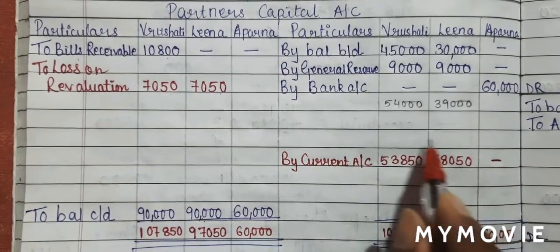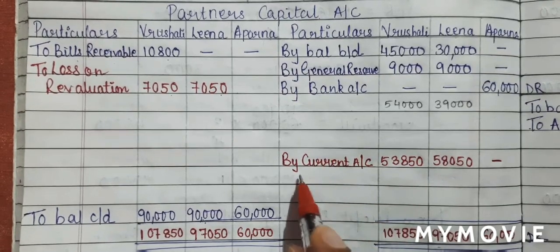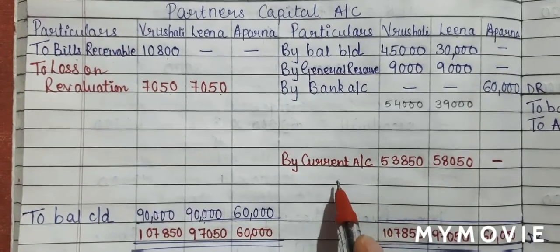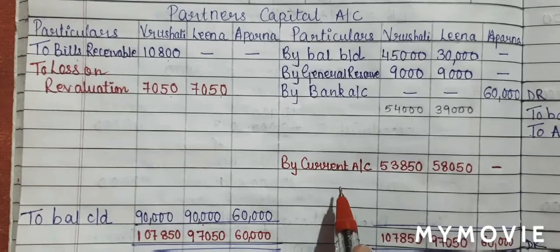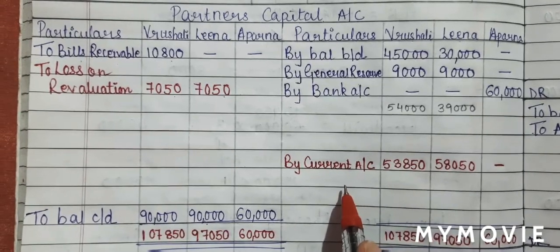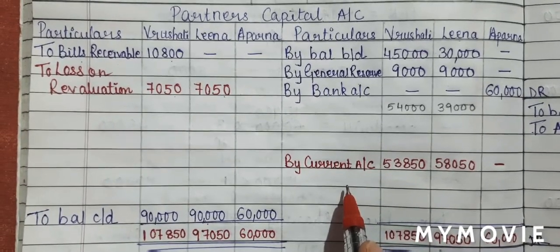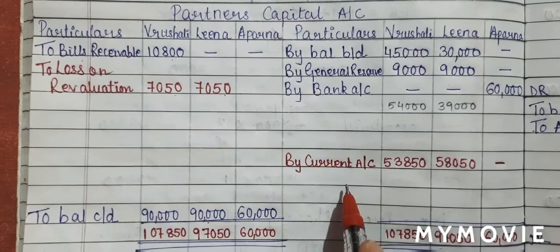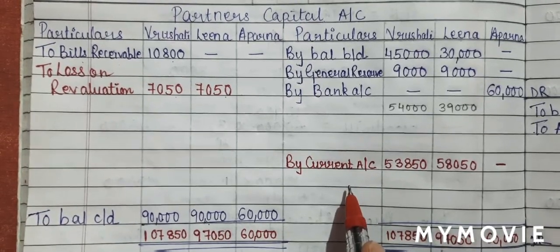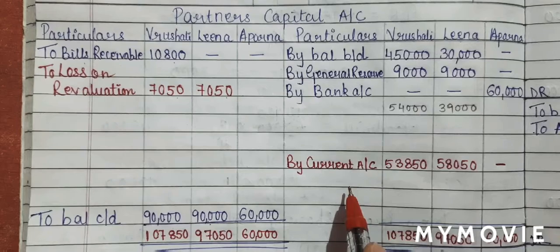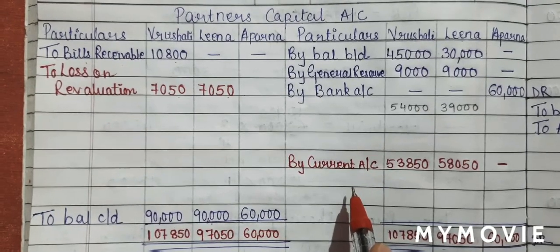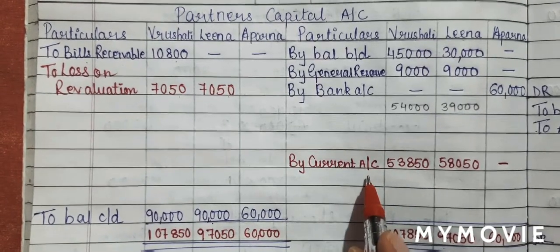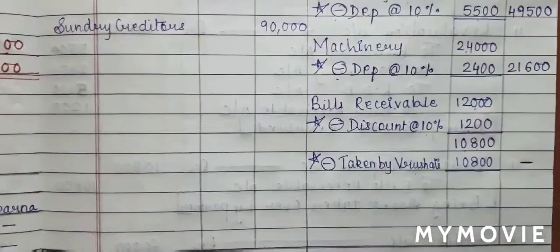Now this has to be adjusted through current account, which we have already written. Now this is on the credit side of partner's capital account, which means we will have to write it on the debit side, which means it will go on the asset side. So let's write this current account on the asset side.